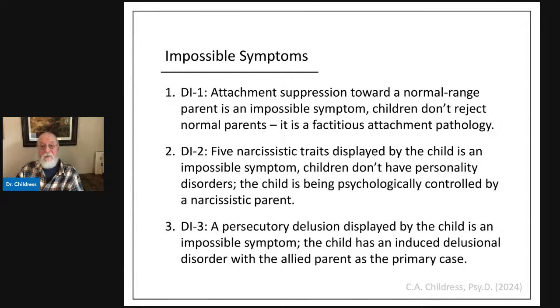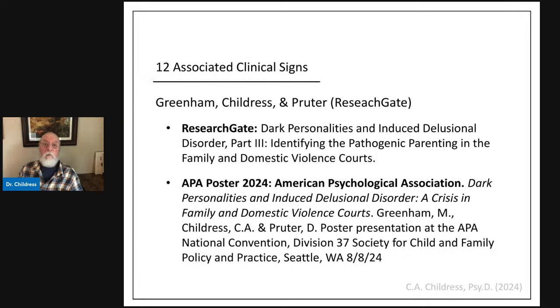The child actually has a shared persecutory delusion with the allied parent as the primary case. So these are all 3 impossible symptoms. But if they show up, it is because it's a factitious disorder. And you've got the shared delusion as diagnostic indicator 3.